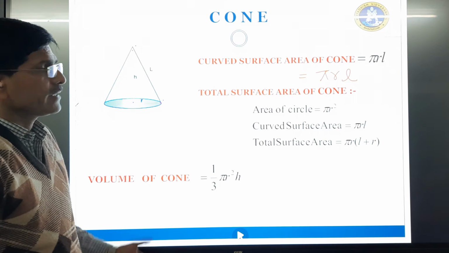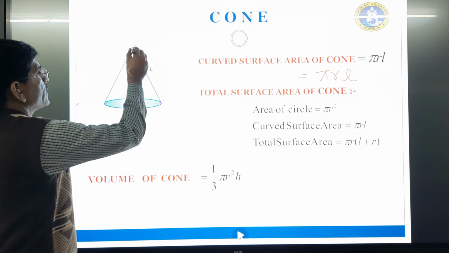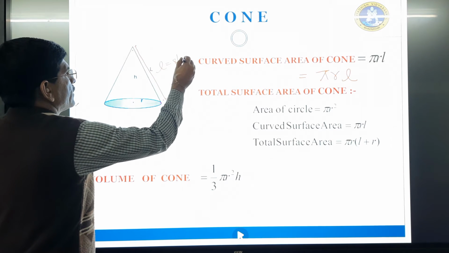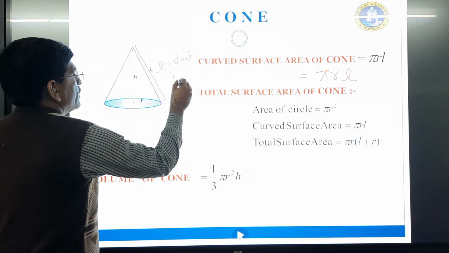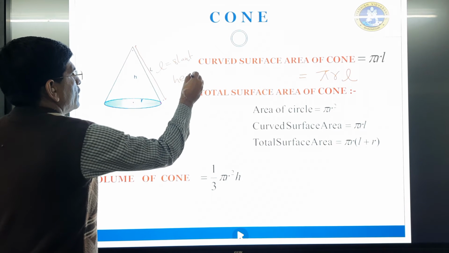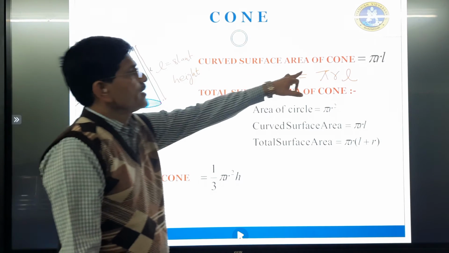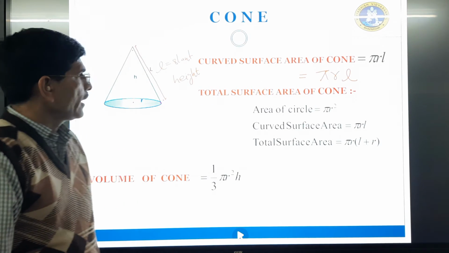What is L, that we have to know first. Here it is called the slanting height L, the slant height. So with slant height L, the curved surface area of a cone is pi r L.